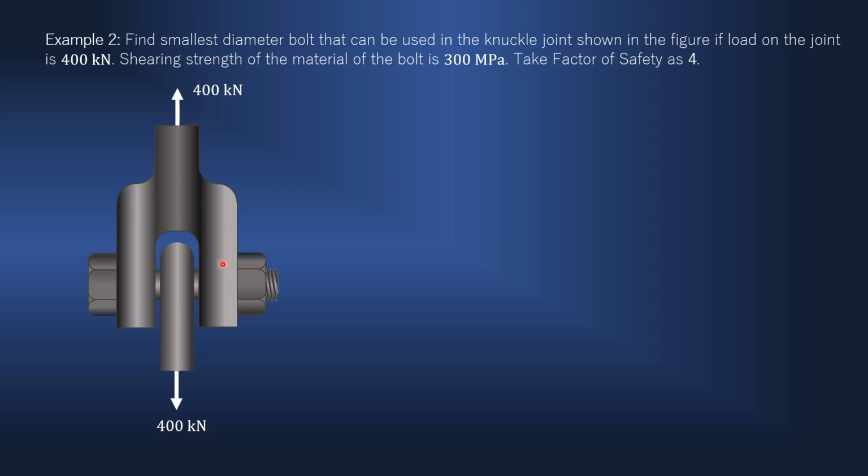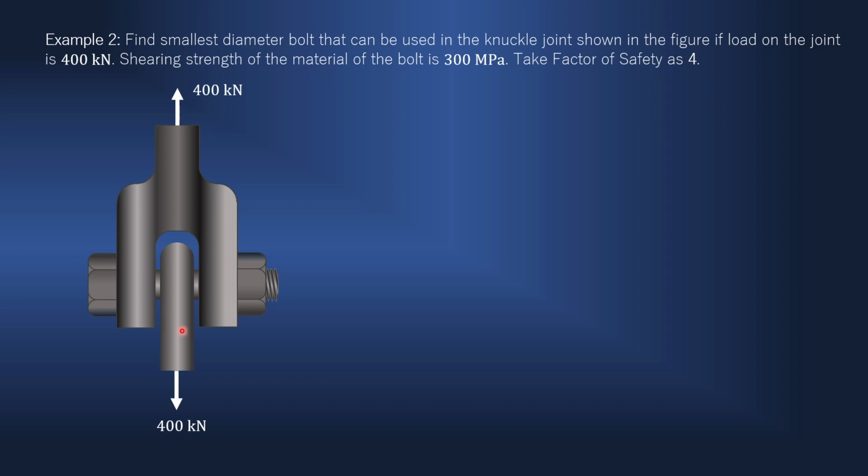This U-shaped or fork type portion and this lower bar like portion are connected by a bolt and they can move with respect to each other around that bolt. This is that joint. Much more about the knuckle joint, of course, you are going to study in higher semesters in machine design.